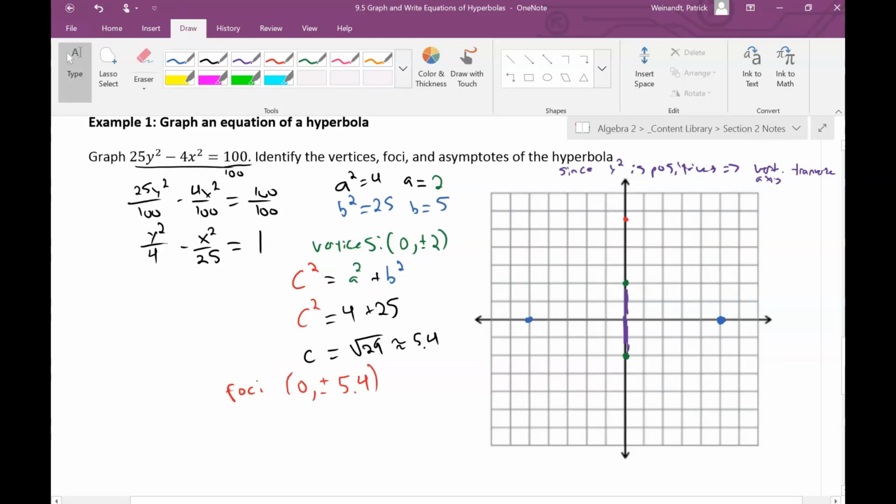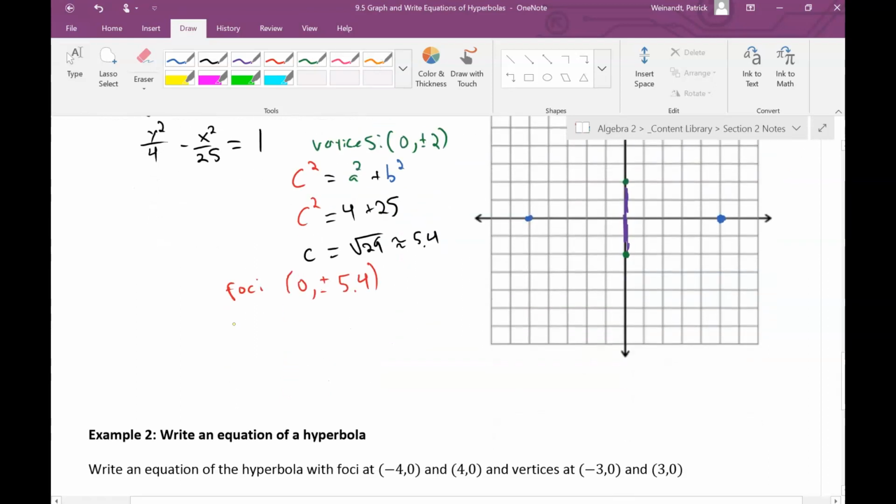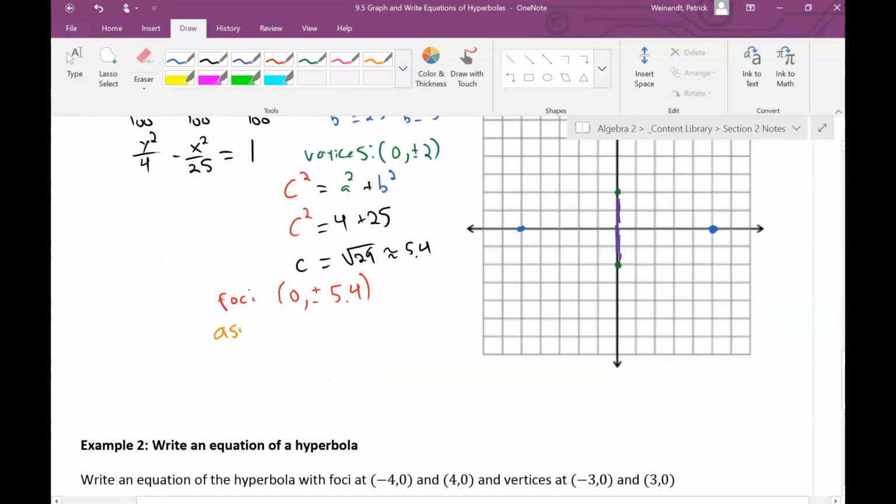Now we have to find the asymptotes. The asymptotes, do those in orange. Got lots of colors today. Since it's a vertical transverse axis, it's not super easy to just think through and find intuitively.